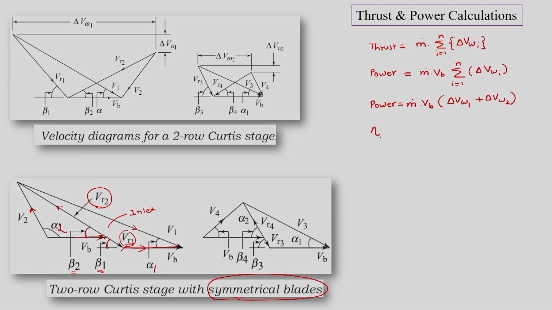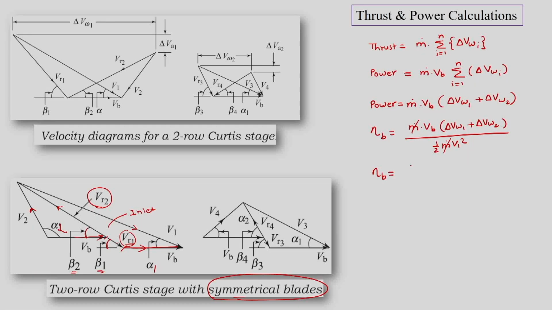So we can define the efficiency, or diagram efficiency, or blade efficiency. For two stage it is m dot VB into delta VW1 plus delta VW2, divided by m dot V1 square. So m dot would cancel.